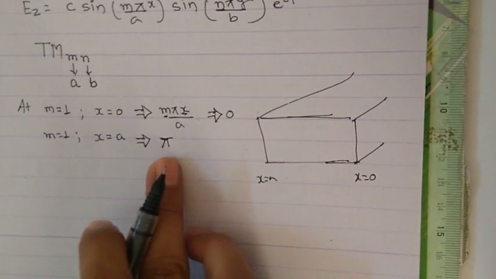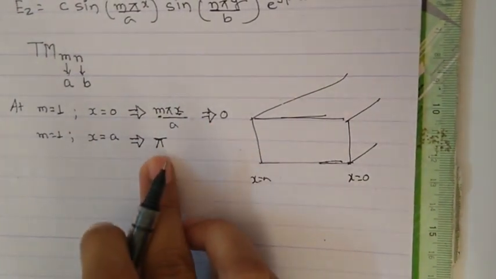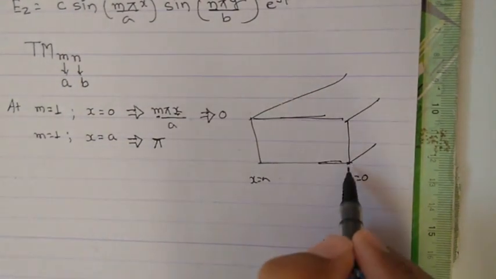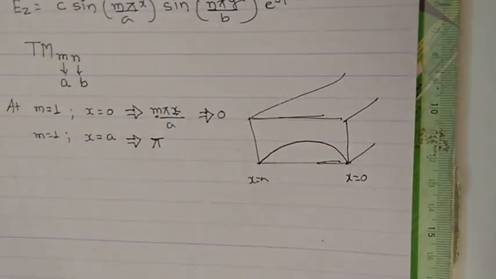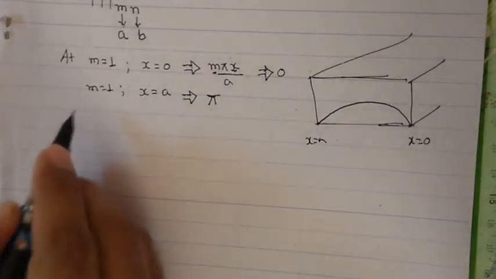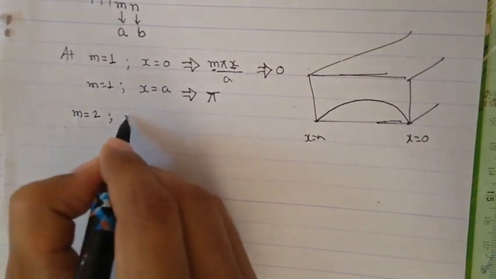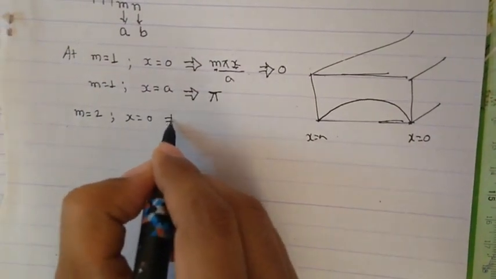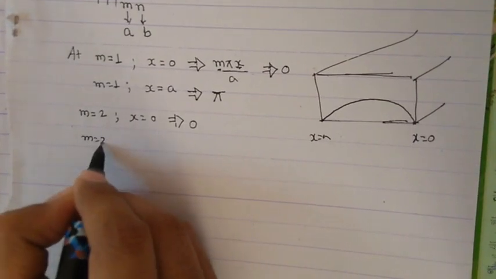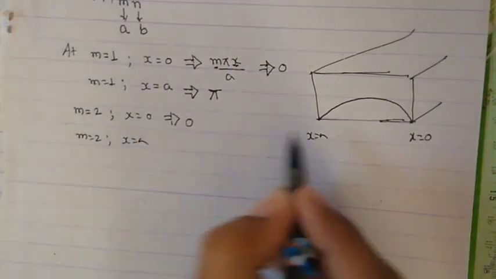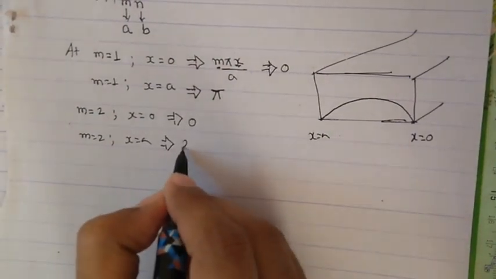It varies from 0 to pi, so that is essentially a half field variation like this. Now take one more case, m equal to 2. At x equal to 0, again this term will become 0. At x equal to a, at this boundary you will get 2 pi.